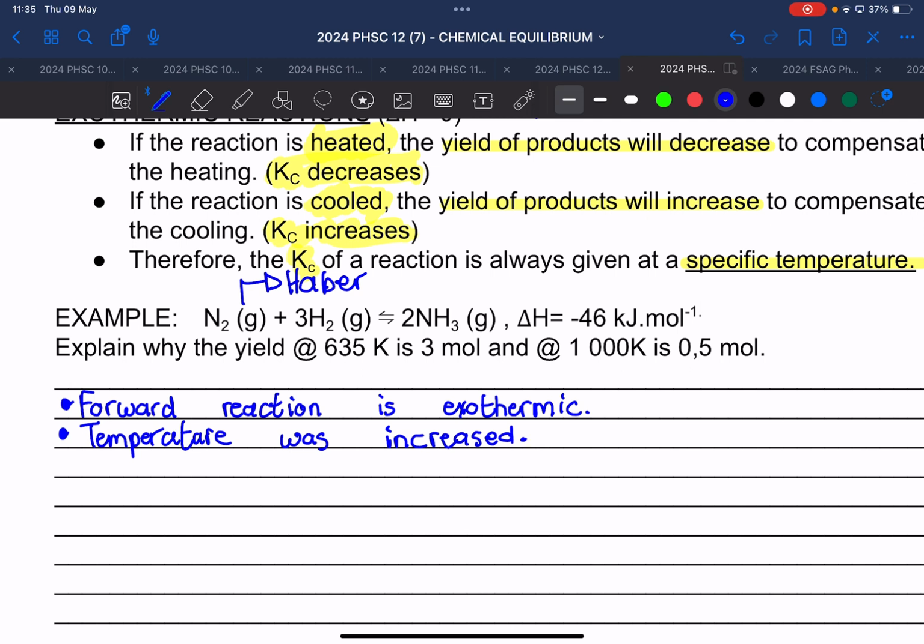Now we're going to do something very frustrating. We are going to say, according to who? Nice, Le Chatelier. So according to Le Chatelier's principle. What does Le Chatelier's principle say?